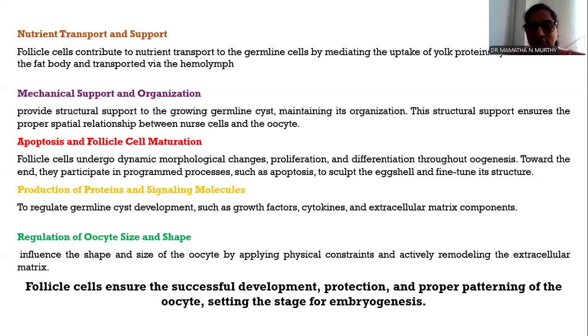They are also involved in production of proteins and signaling molecules like growth factors, cytokines, and extracellular matrix components. They also regulate oocyte size and shape, by applying physical constriction and actively remodeling the extracellular matrix.